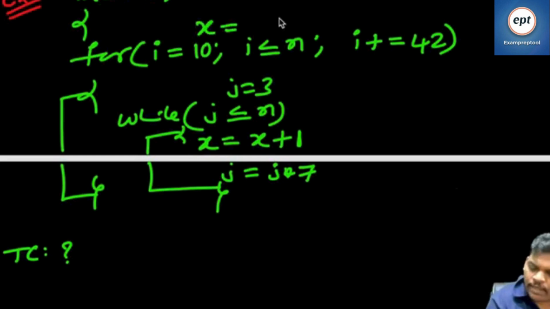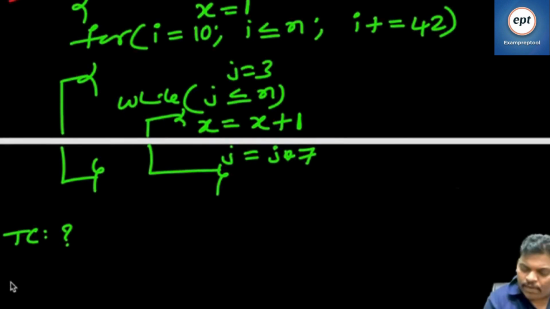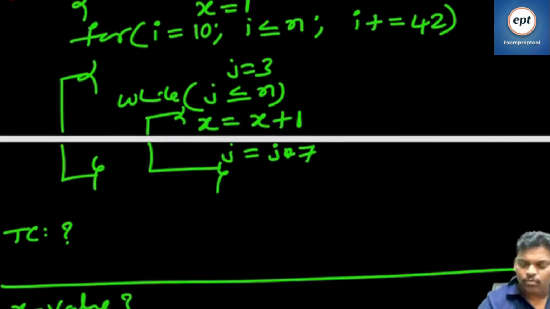X value initially 1. I want time complexity. I want x value also.